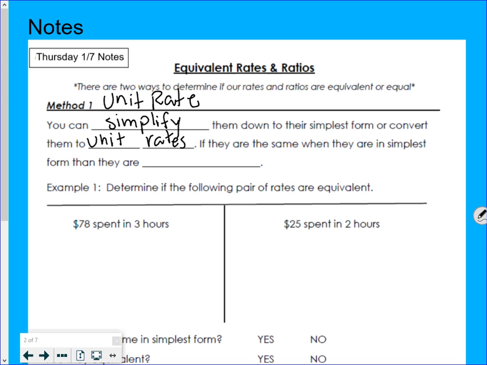If they're the same when they're in their simplest form, then they are equivalent. So let's look at some examples.